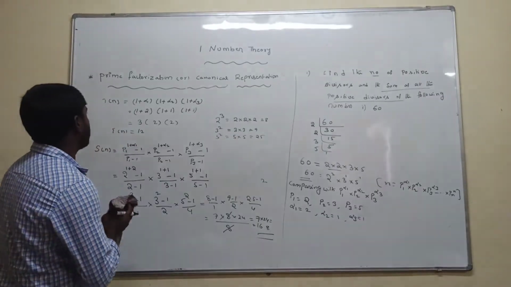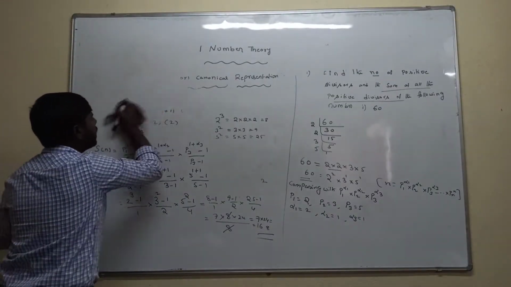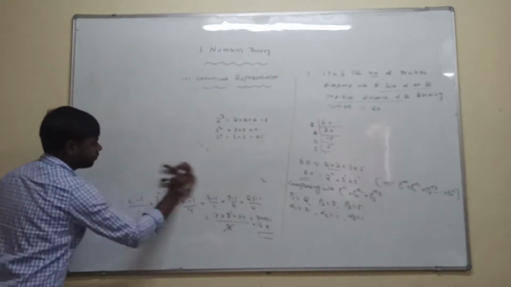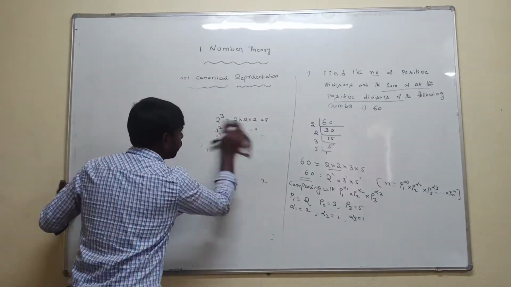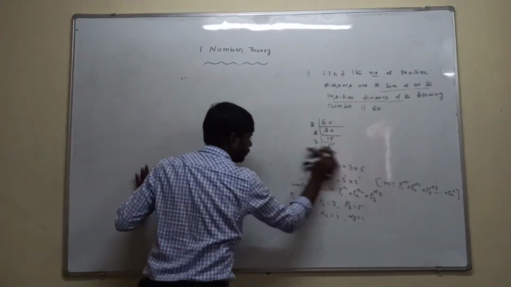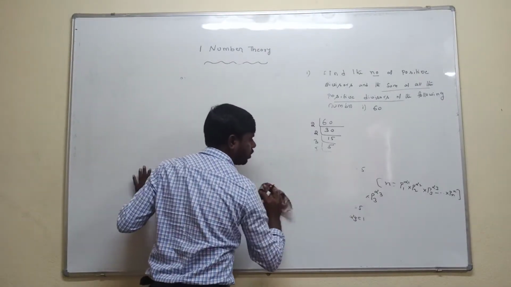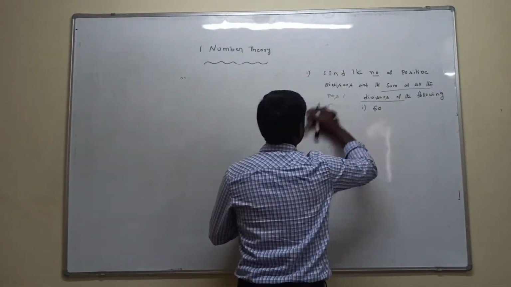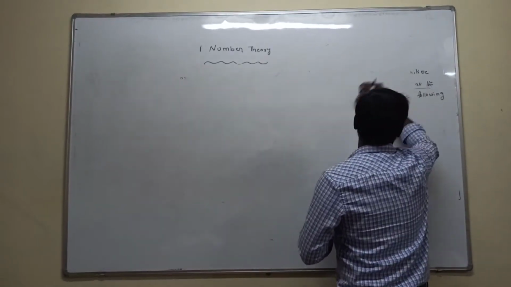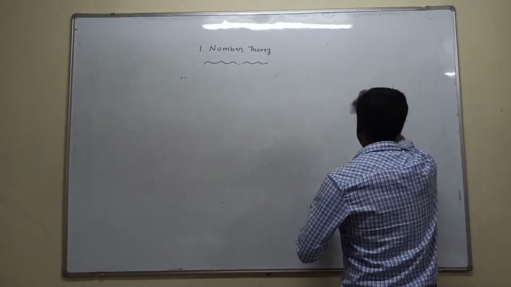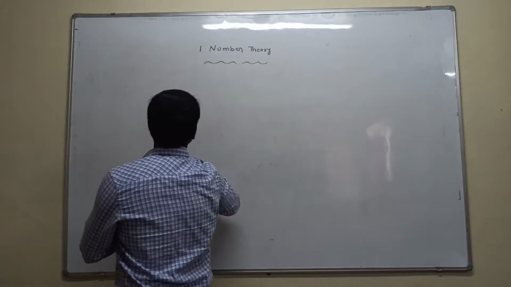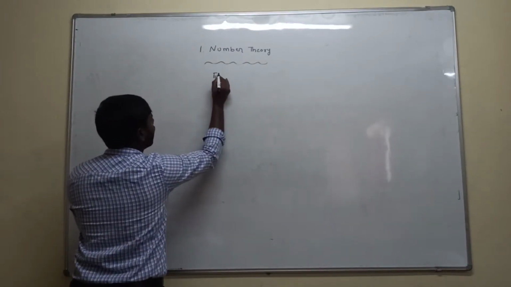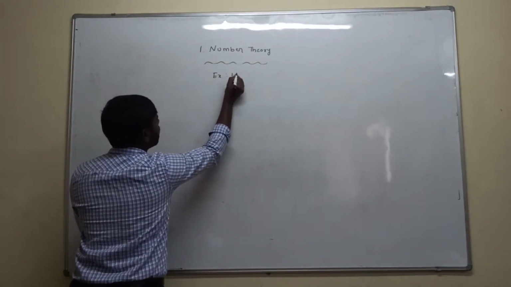See exercise 1.1. I think everyone understands these two formulas, how to find the P1, P2, P3 values and alpha 1, alpha 2, alpha 3 values. See exercise 1.1.